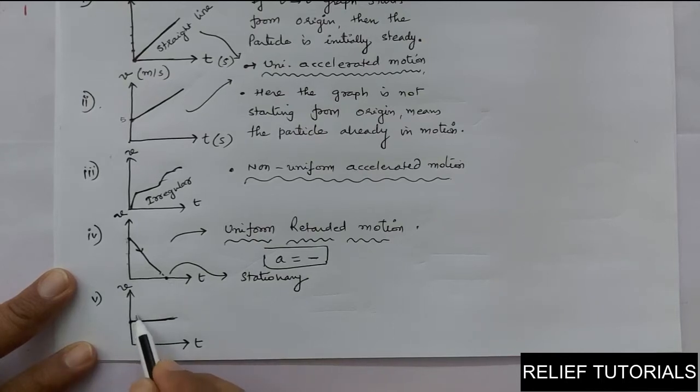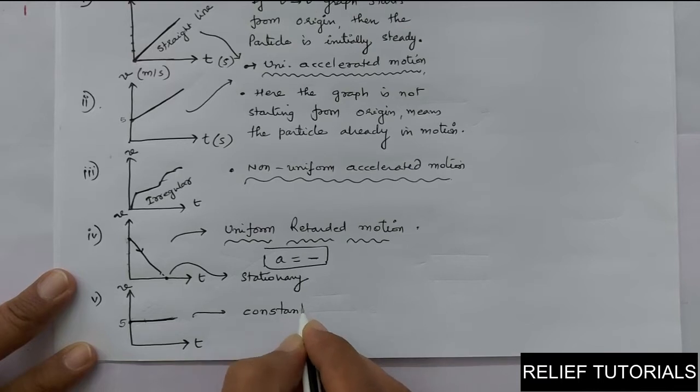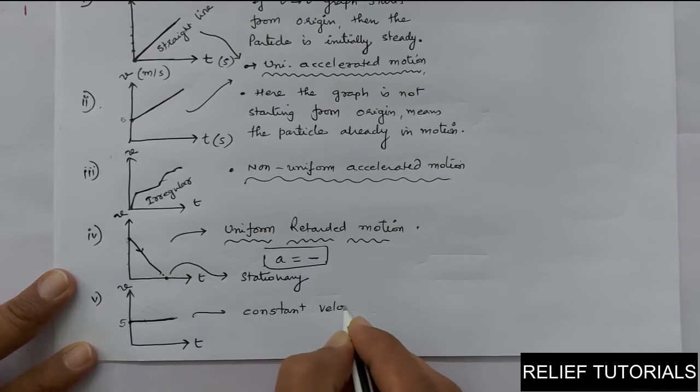If the graph goes upwards, velocity increases. If the graph goes downwards, velocity decreases. But here the graph goes horizontal, which means velocity remains constant. If the velocity of the particle is 5 meters per second, then at this point 5 meters per second, at this point 5 meters per second, at this point 5 meters per second, so we can say the particle is moving with constant velocity.